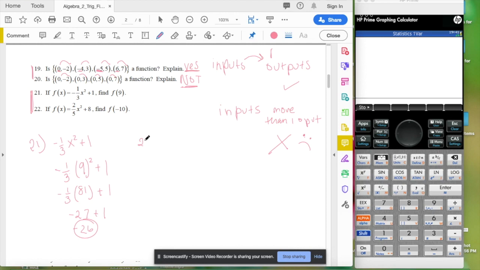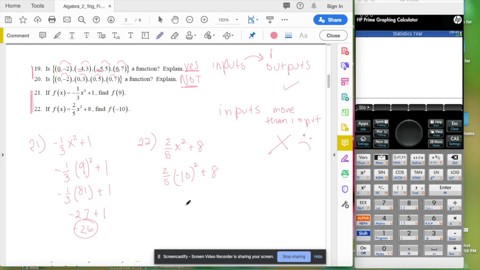For 22, we're going to do the exact same thing. The function of x is 2/5 x squared plus 8, and we want to find the function of -10. So we plug in -10 for x: 2/5 times -10 squared plus 8.